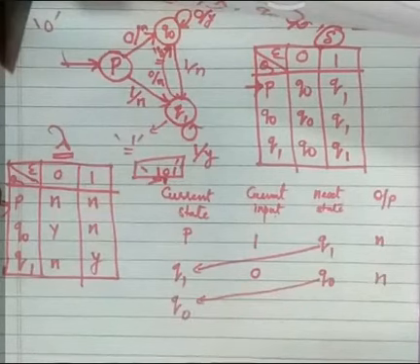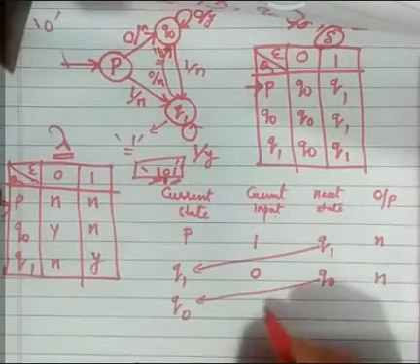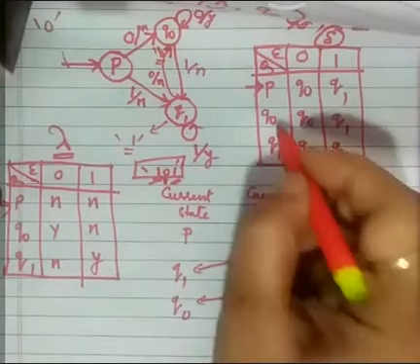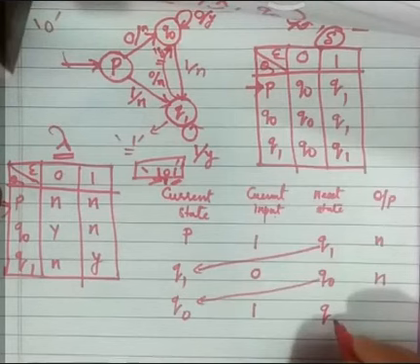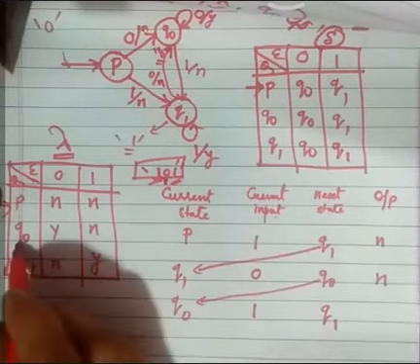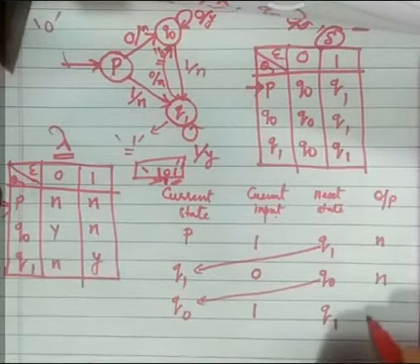My input is now 1. So Q0 on 1 moves to Q1, and gives output no.